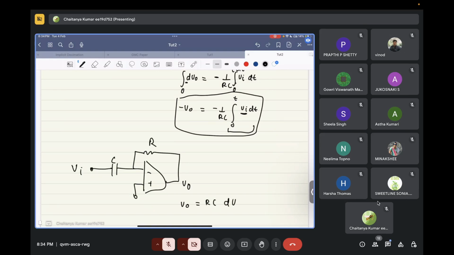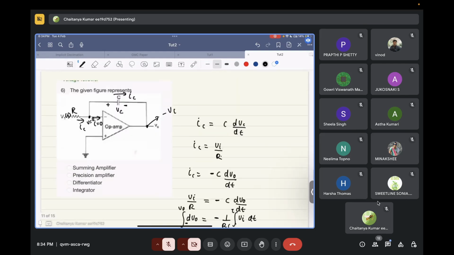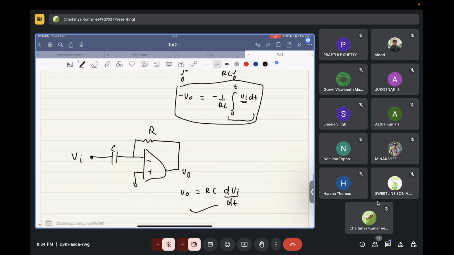RC into dVi by dt. So if you try to solve it in the same way as we solved for the time domain expression for the integrator, you will end up with this expression. So whatever function of time your Vi is, it is basically differentiated to give you the output voltage.